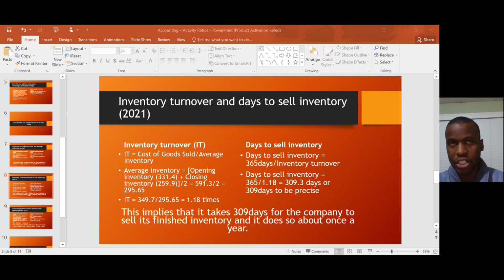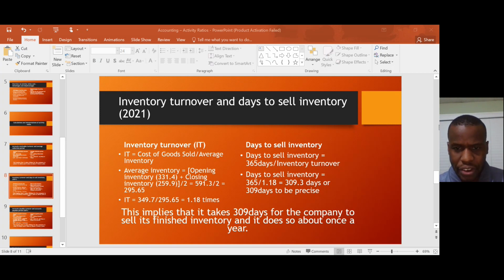Some may still be under production. So finished goods means the inventory which is ready to be sold to customers. Because we're going to look at 1 year where we have both opening and closing inventory, the opening inventory for 2021 is the closing inventory for 2020.